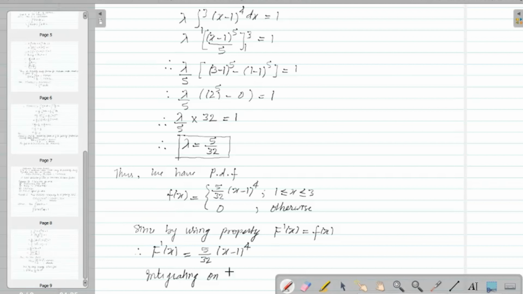Integrating on both sides, the derivative will disappear.